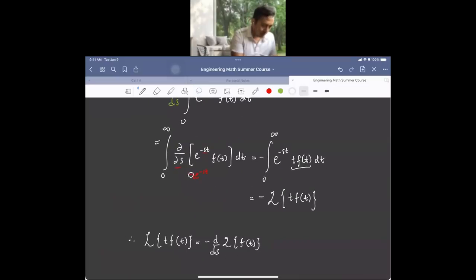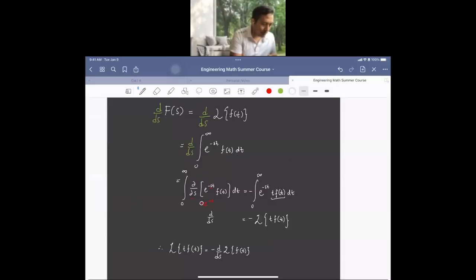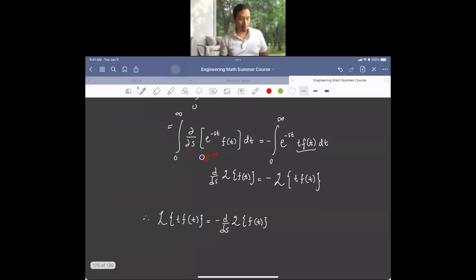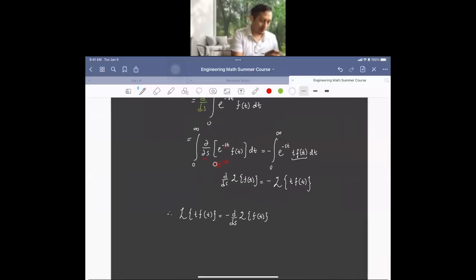We write to make sure that we are on this. So negative d/ds of the Laplace of f of t. Okay.